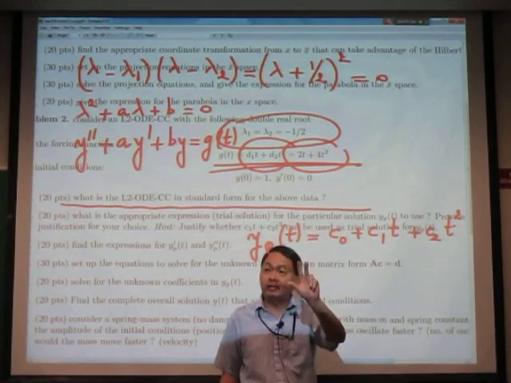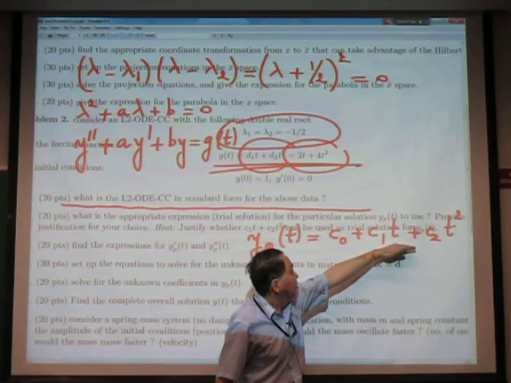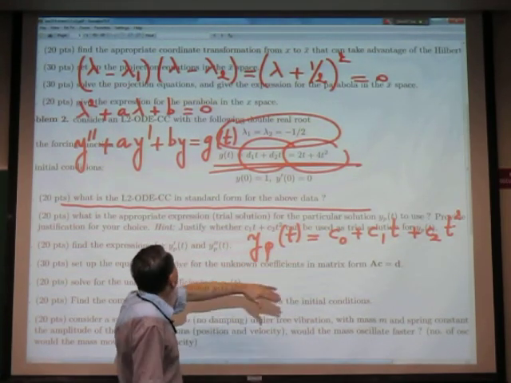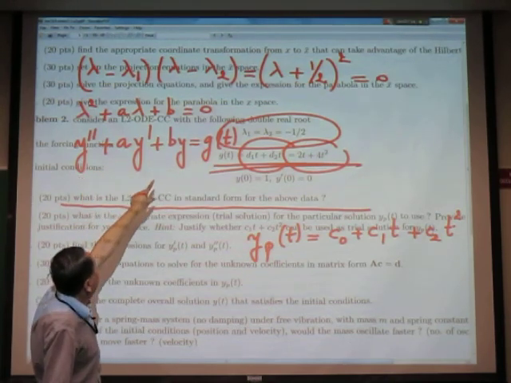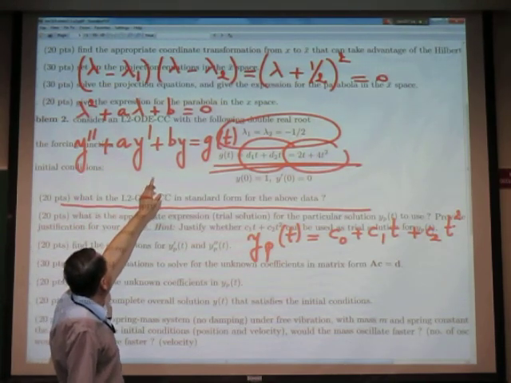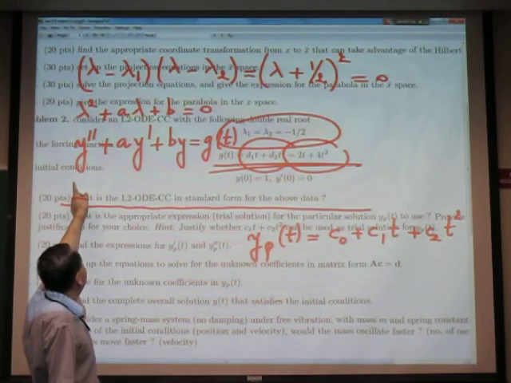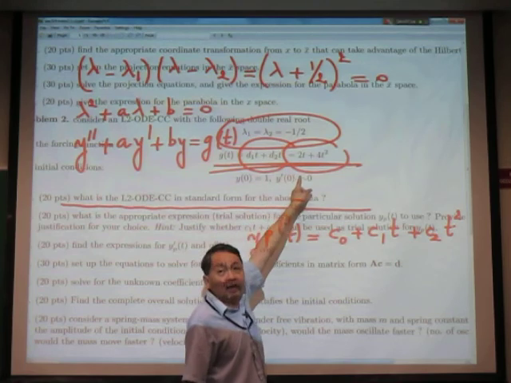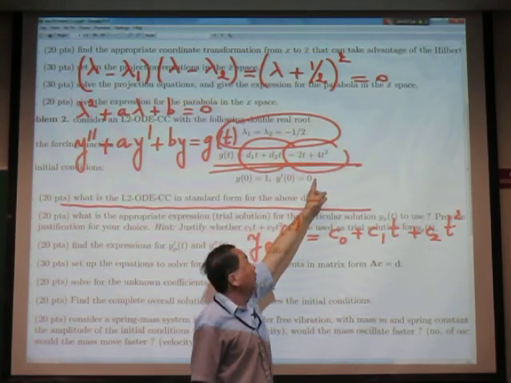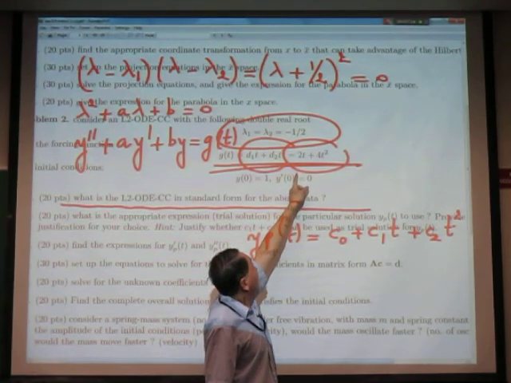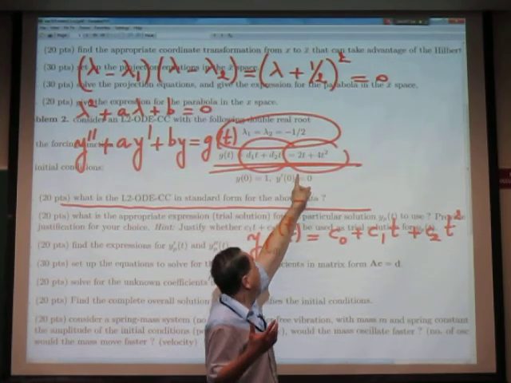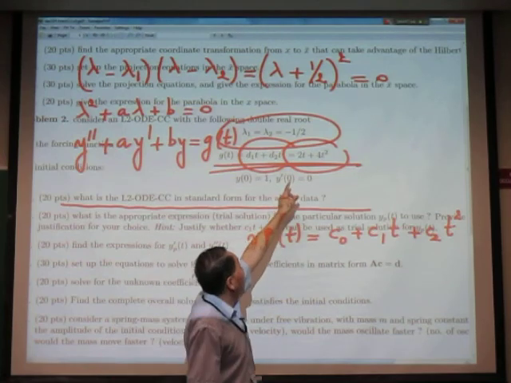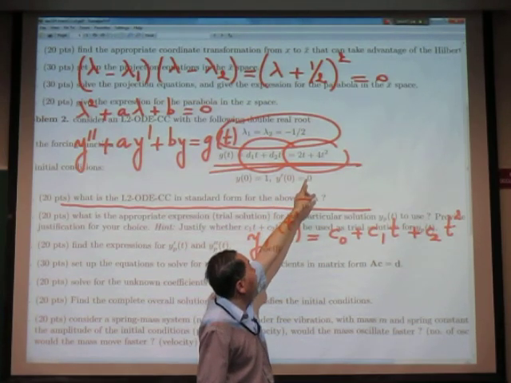You need 3 equations. So you simply differentiate this trial solution, do the first derivative and second derivative, and replace into the left-hand side. On the right-hand side, you have the polynomial, where the coefficient for t to the power 0 is 0, the coefficient for t is 2, and the coefficient for t squared is 4.